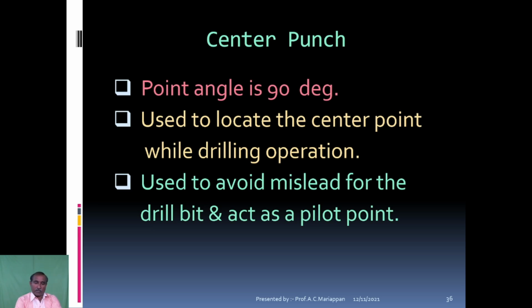The machine spindle axis and the drill bit center axis should coincide and be properly piloted, that means properly guided by means of a center punch. That's why it is named the center punch: to make a hole at the center.